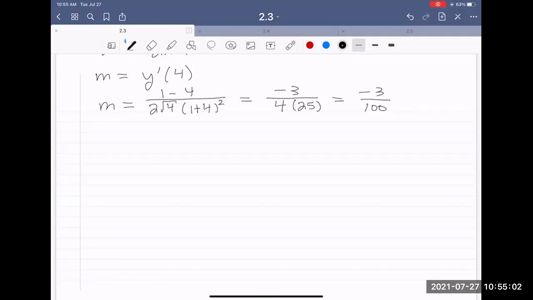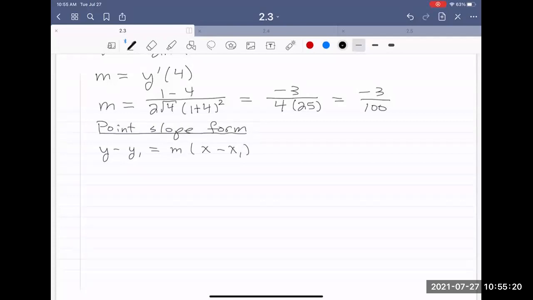So now we recall the point slope form for the equation of a line. y minus y1 equals m times x minus x1.